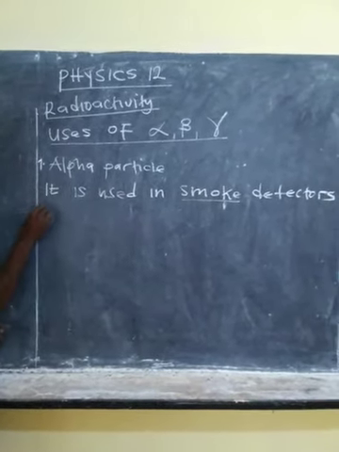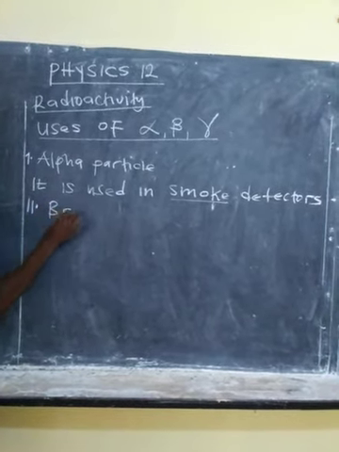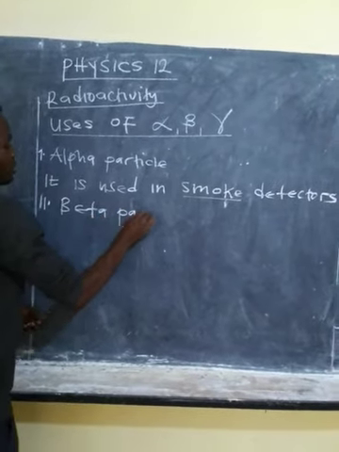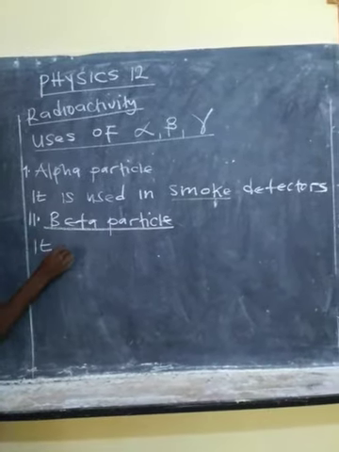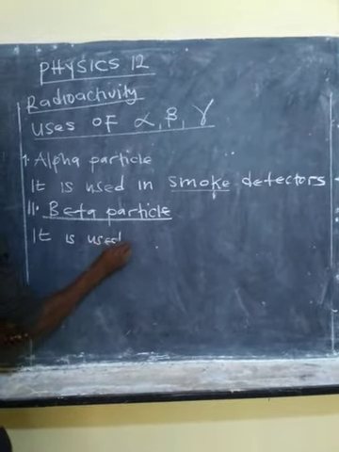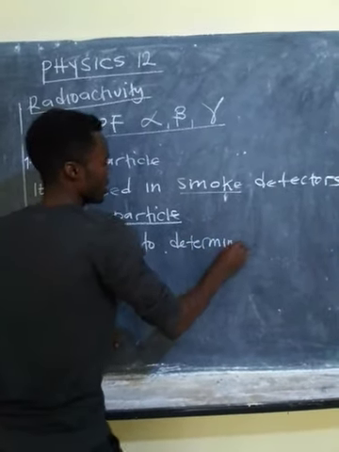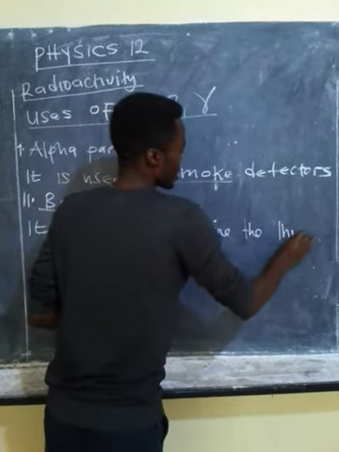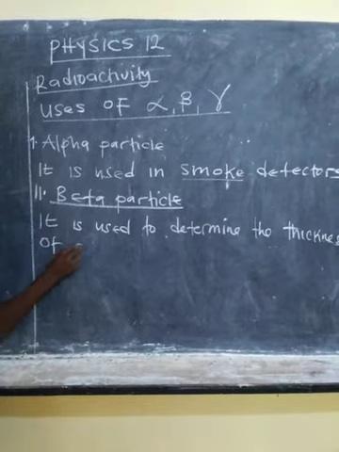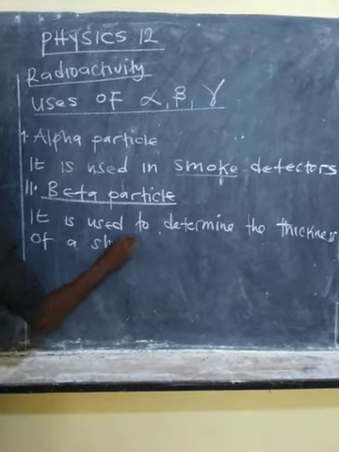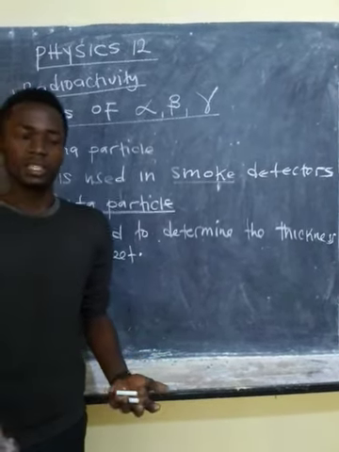Then we can also talk about the beta particle. For the beta particle, it is used to determine the thickness of a sheet.